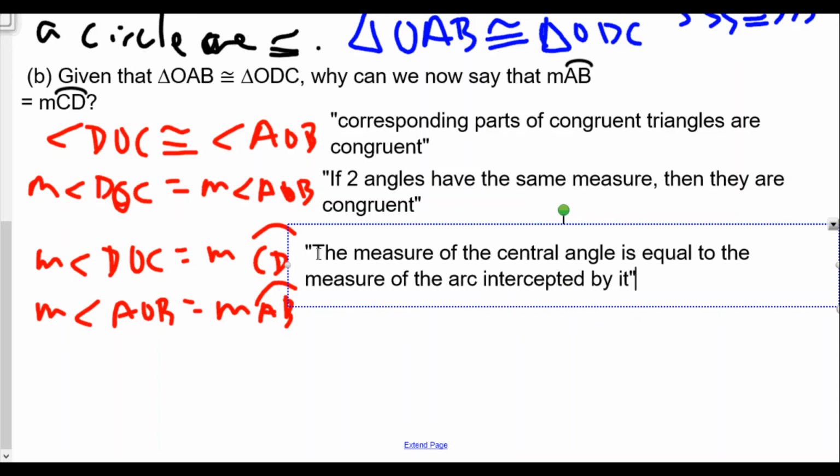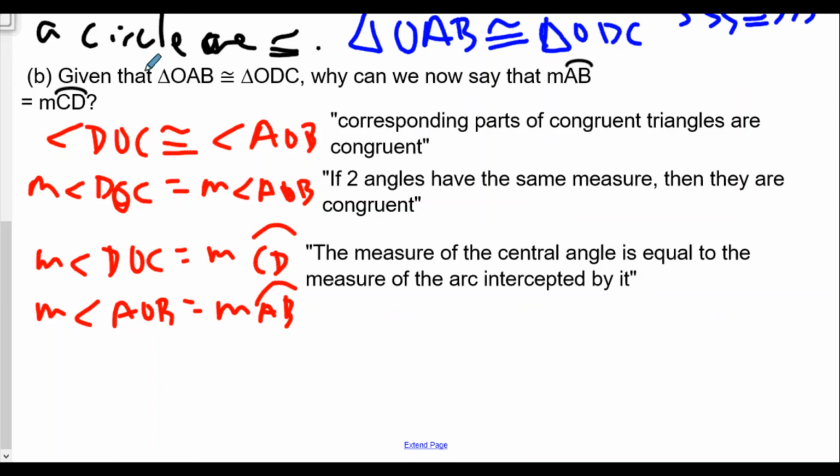It's one of the things we mentioned early on. Now, because the angles are equal to those arcs, and the measure of angle DOC equals the measure of angle AOB, we will then say the measure of arc AB is equal to the measure of arc CD.